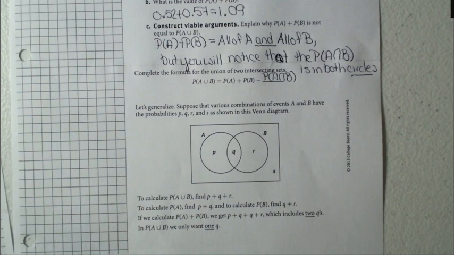So let's generalize. Suppose that various combinations of events A and B have the probabilities P, Q, R, and S as shown in the Venn diagram.